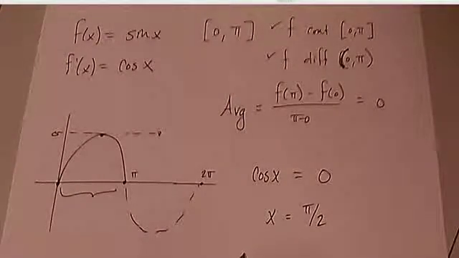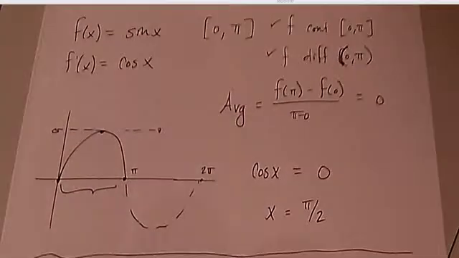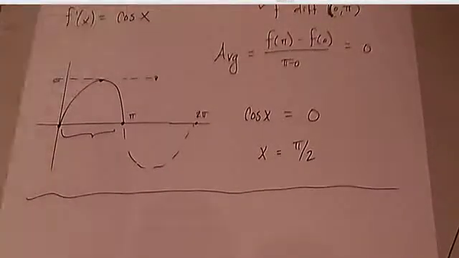This is a nice segue into talking about Rolle's theorem. You really only need to know this insofar as your book is going to use the term, because Rolle's theorem is basically just a corollary of the mean value theorem.